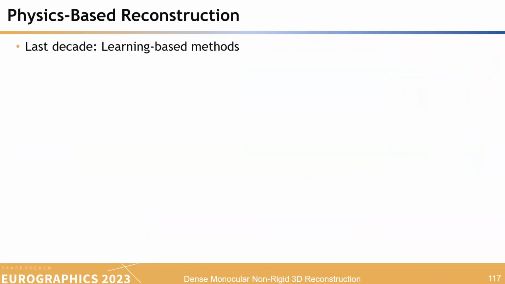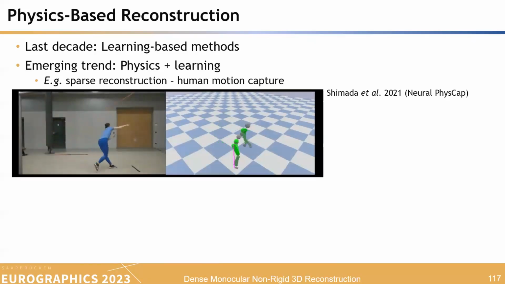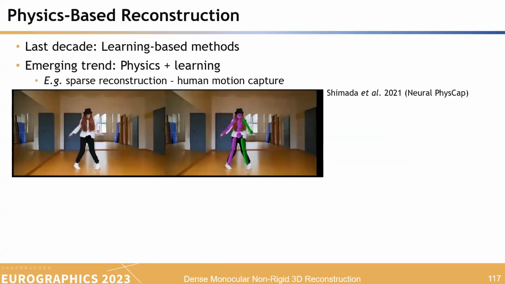Apart from these, in the last decade there has been amazing progress in 3D vision using learning-based methods. But in the past 2-3 years, there has also been an emerging trend of combining physics and learning. One of these works, by Shimada et al, neural physcap, does motion capture in a sparse setting, from single images.